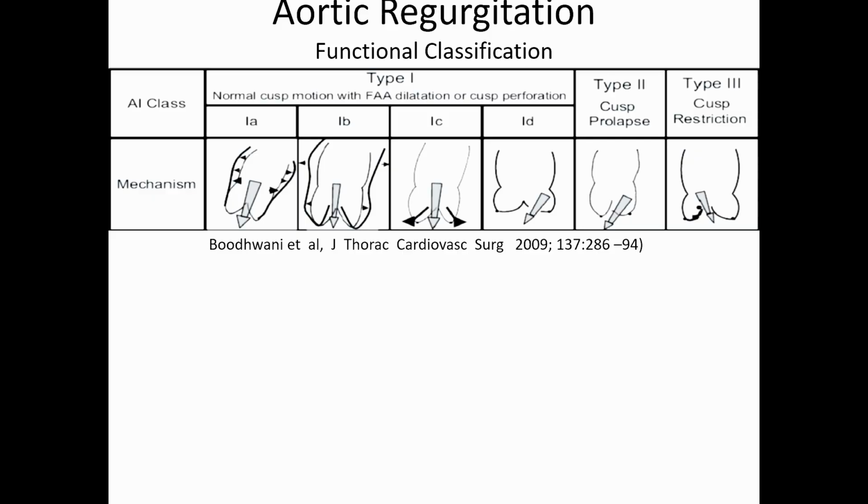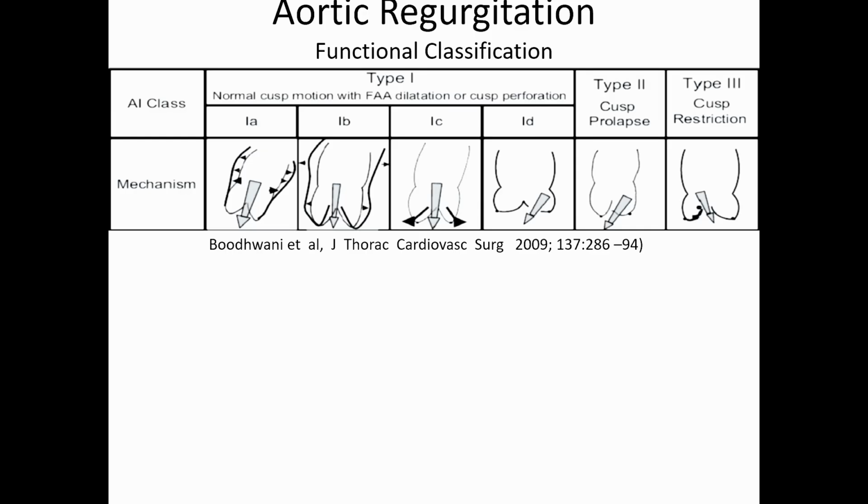And then the classification of aortic regurgitation, the functional classification, Al-Kadhi and colleagues mentioned that. So it is similar: the normal cusp motion, and it's a root dilatation which is going to happen. That is the mechanism of all those things. So accordingly they have classified type 1 into A, B, C and D. Some of that will be because of the rupture in the leaflet, the hole in the leaflet.